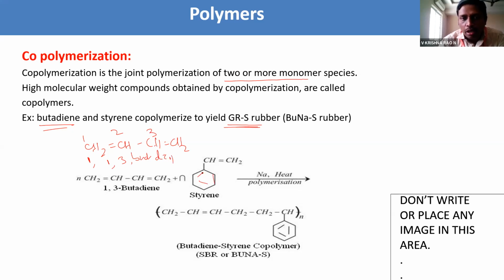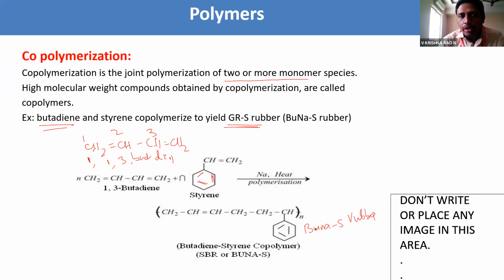It produces butyl rubber. In the presence of sodium metal, heat, and pressure, polymerization of 1,3-butadiene and styrene produces the polymer, that is, a copolymer. This is prepared by copolymerization, nothing but butyl rubber.